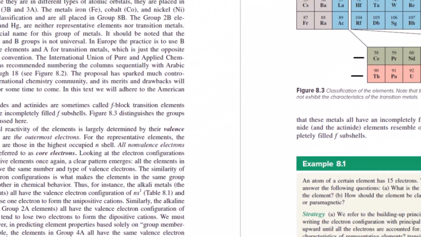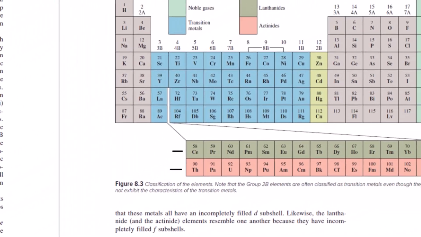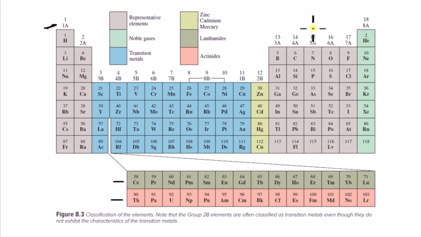So if we come here with any representative element and the noble gases as well, you have the entire electron configuration of that element. Just go to the electrons that have the highest principal quantum number. For this row, that would be the 2s and the 2p. Here, the 3s and the 3p. Here, the 4s and the 4p.